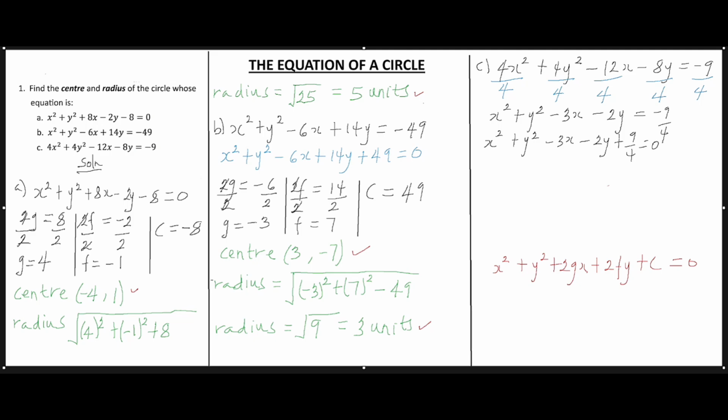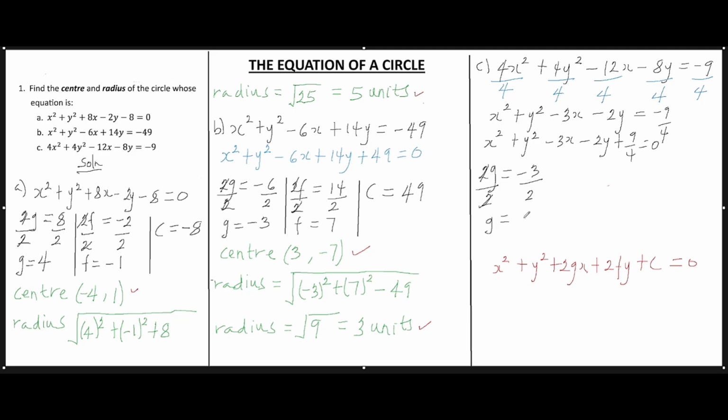So let's compare the coefficient of x in the general equation to the coefficient of x in circle C. So the coefficient of x in the general equation is 2g. But here the coefficient of x is minus 3. Because we are looking for g, we divide both sides by 2.